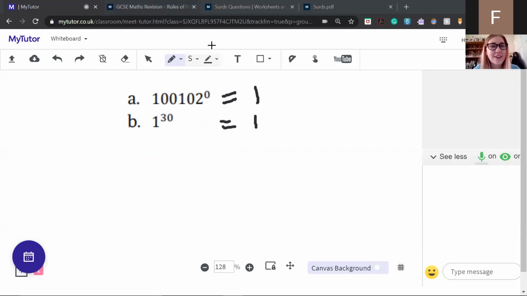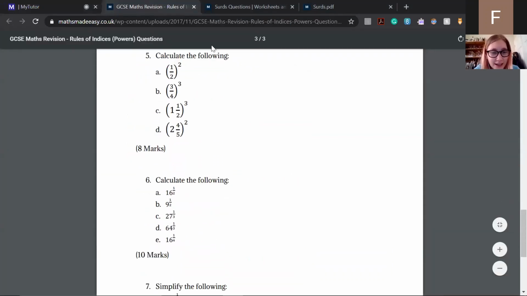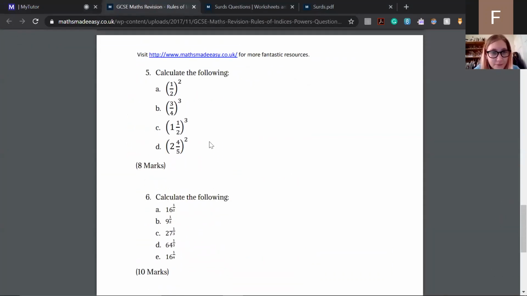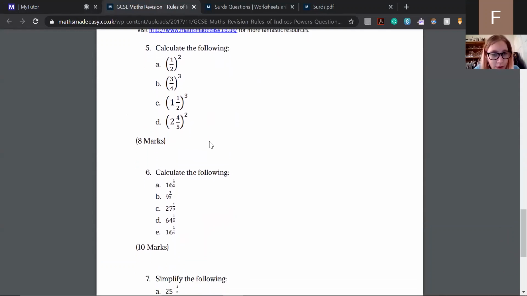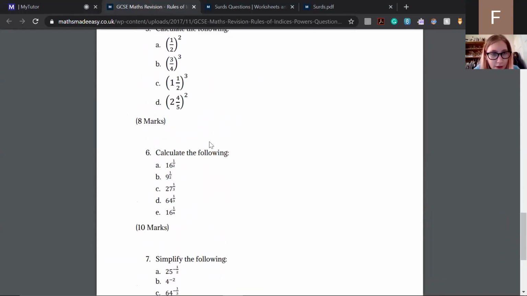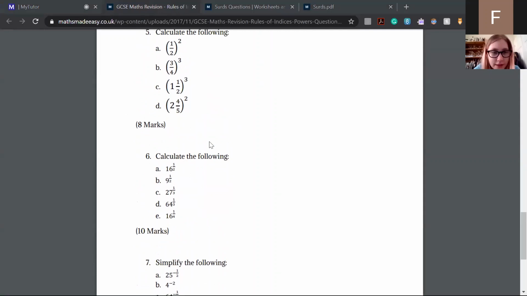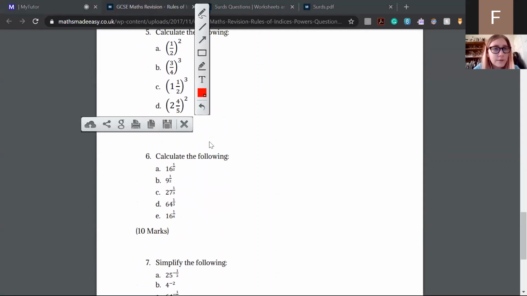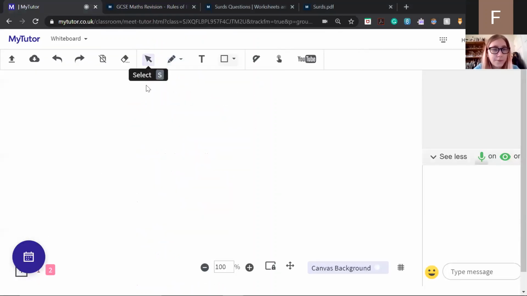Okay, let's have a look at some of these here. Which shall we go for? Let's have a look at one like this. So, sometimes you have to do a tiny little bit of simplifying before you can even tackle the question.